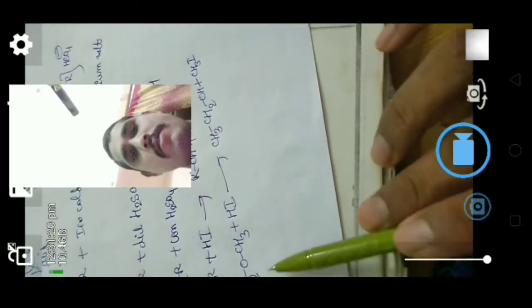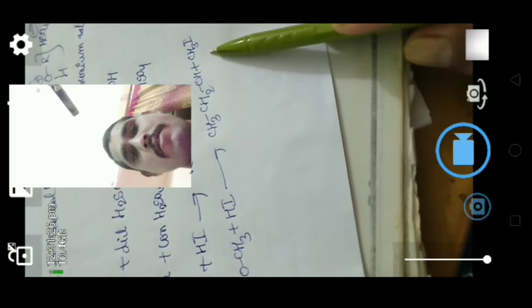Here ethyl methyl ether, when we react with hydrogen iodide, gives one molecule of ethanol and another molecule of methyl iodide. Here the bigger alkyl group converts into alcohol and the smaller alkyl chain converts into alkyl halide.